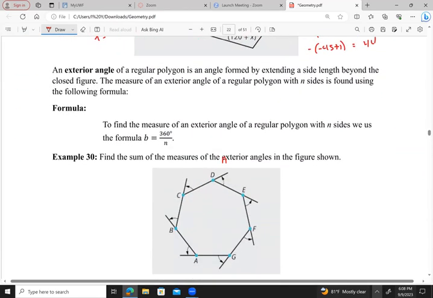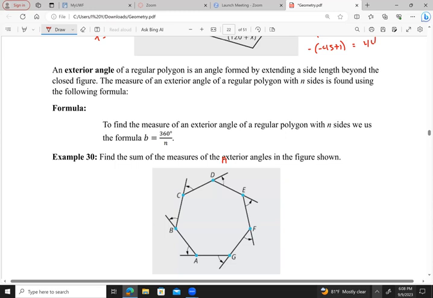An exterior angle of a regular polygon is an angle formed by extending a side length beyond the closed figure. The measure of an exterior angle of a regular polygon with n sides is found using the following formula. We use the formula B equals 360 over n.